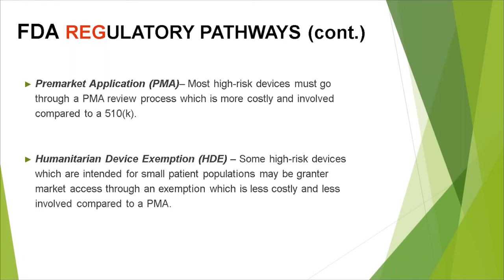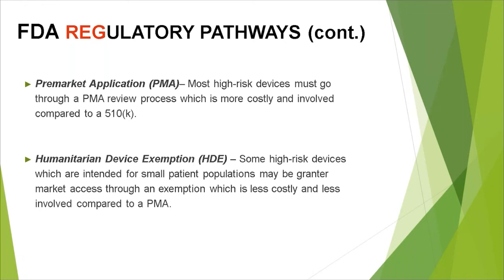HDE, that's a humanitarian device exemption for when there's a disease which affects less than 4,000 people per year. A lot of companies don't want to make devices for that disease because it's hard to make money.